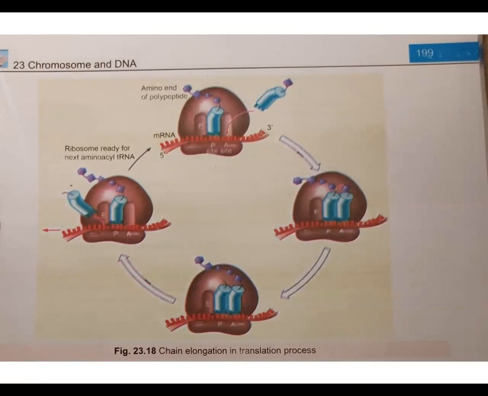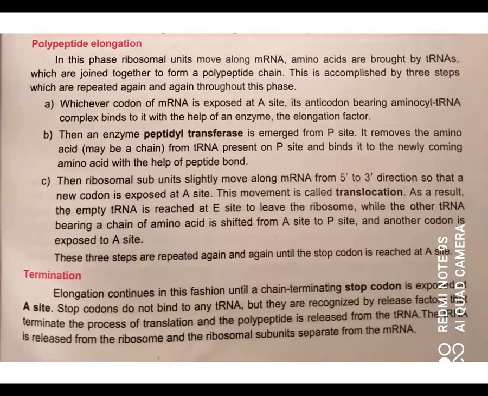There's an enzyme called the peptidyl transferase which emerges from the P site, and this removes the amino acids from the tRNA present on P site and binds it to the new coming amino acid with the help of a peptide bond. The ribosomal subunits slightly move along messenger RNA from the 5' to the 3' direction so that a new codon is exposed at the A site.